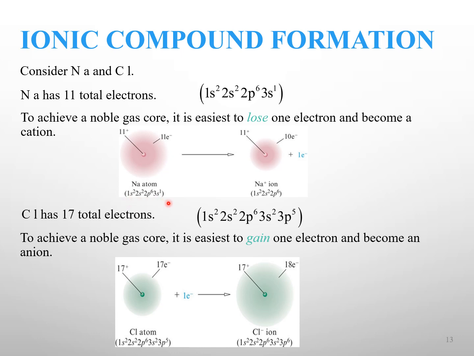So sodium turns itself into sodium plus because that's the same as the noble gas configuration in level 2. See that? So it's really stable then. And chlorine does the same thing. It gains an electron to get 3s2 3p6, just like the noble gas argon, and becomes a Cl negative ion. Now when you have sodium plus and Cl negative, they can combine together to make an ionic bond.